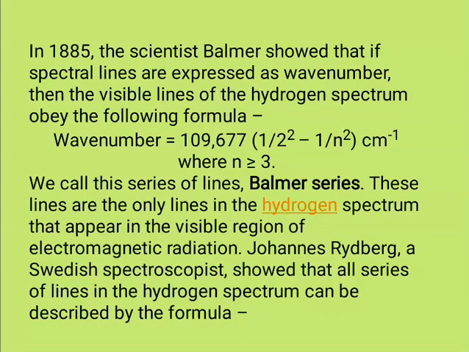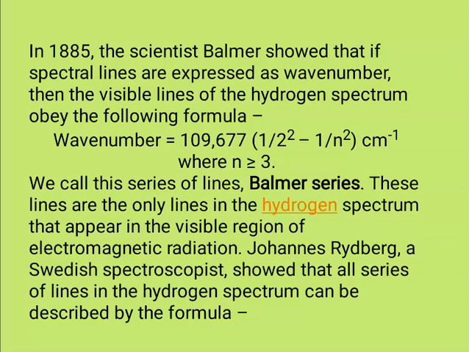Though the formula was given by Rydberg to calculate the wavelengths or wave numbers of all the lines falling in a particular spectral series, in 1885 Balmer showed that if the spectral lines are expressed as wave numbers, then the visible lines of the hydrogen spectrum obey the formula 109677 times (1 upon 2 square minus 1 upon n square).